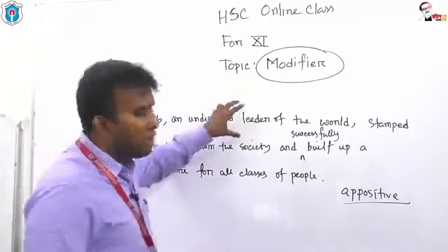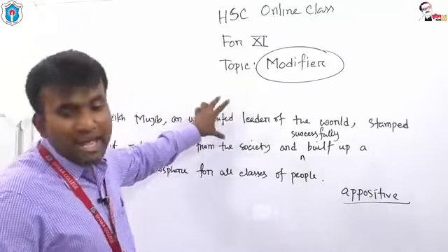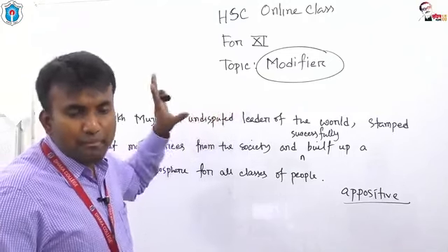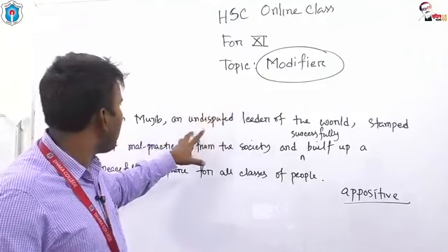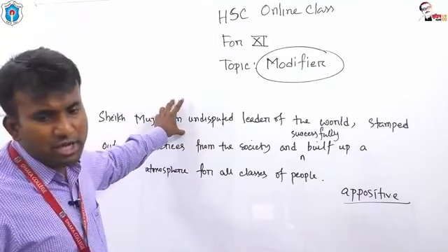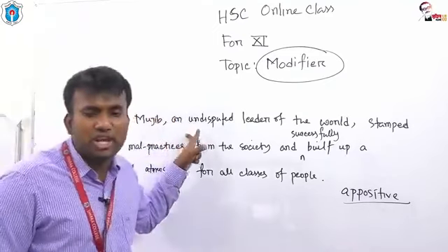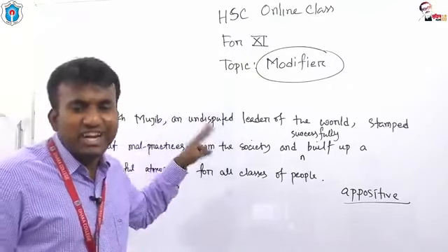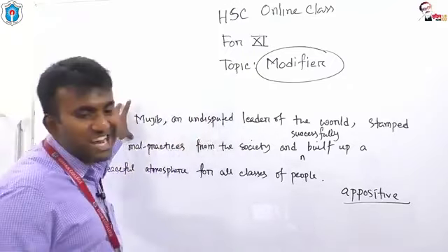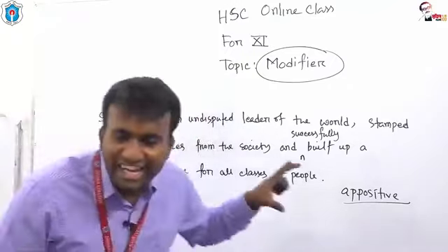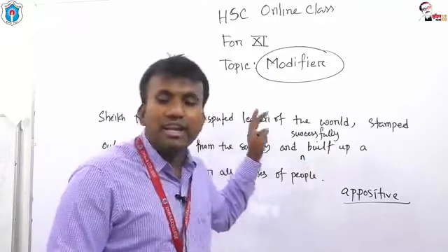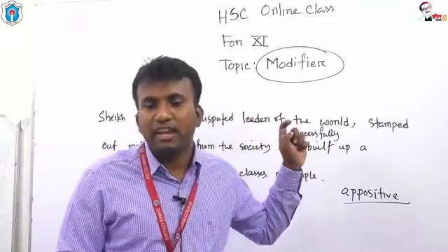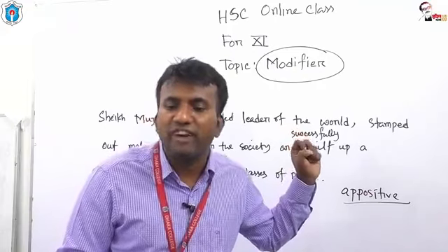The first modifier is an appositive. Clear to you? We have got additional information about Sheikh Mujib, and this one is used after Sheikh Mujib. That's why I can say here the appositive is a post-modifier.